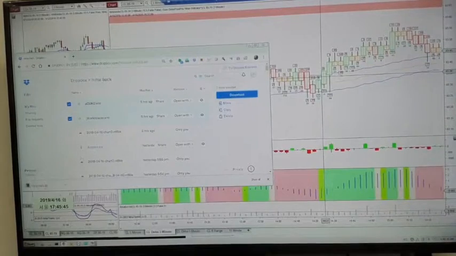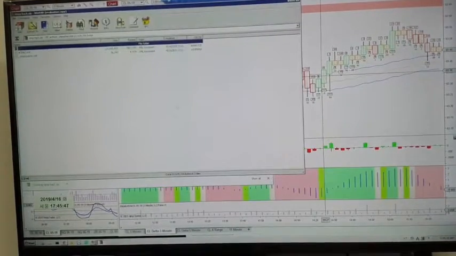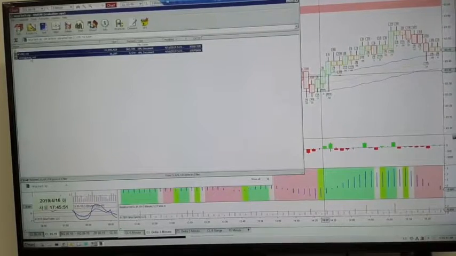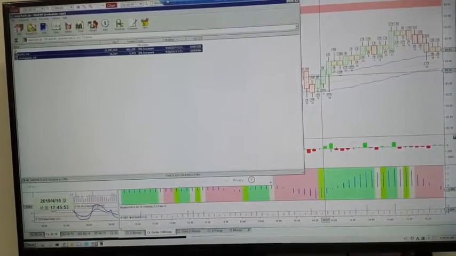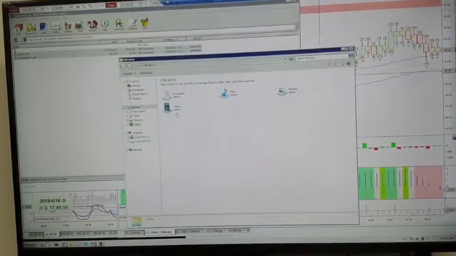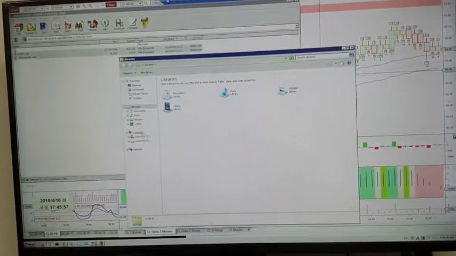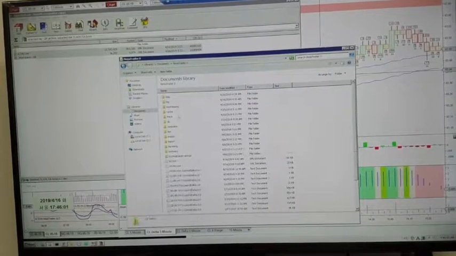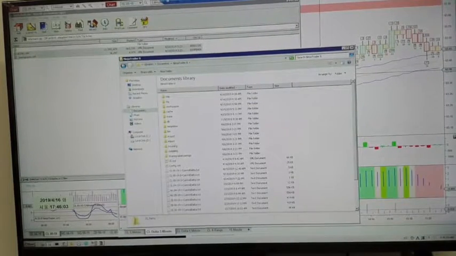You could apply this to coin trading too, right? Coin trading. Technically, yes.